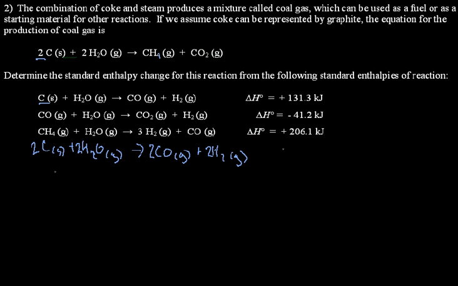And so our delta H naught is going to be 2 times positive 131.3 kilojoules. We don't have to switch the sign because we didn't have to flip this equation. Alright, so that takes care of the first equation.